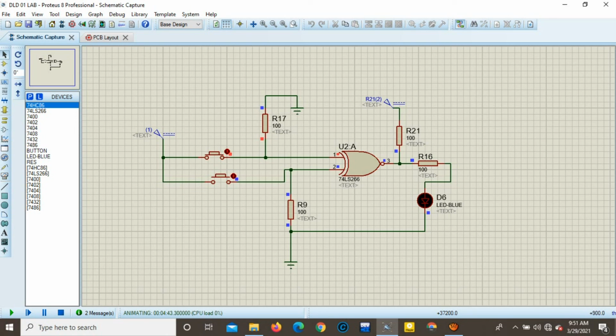So when I turn off both switches, or give input A 0, B 0, then again the output will be 1, or bulb is on. So when both switches are off or both switches are on, then this bulb will be on. So this verifies our XNOR gate.